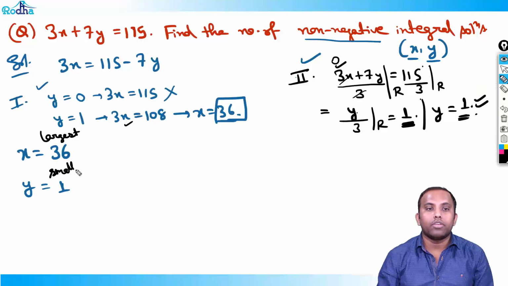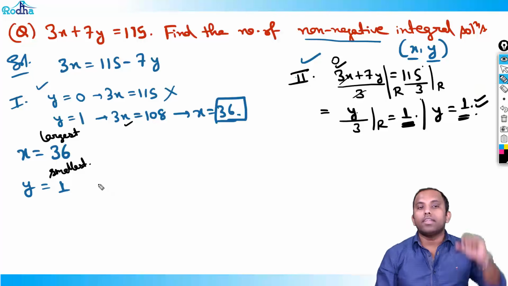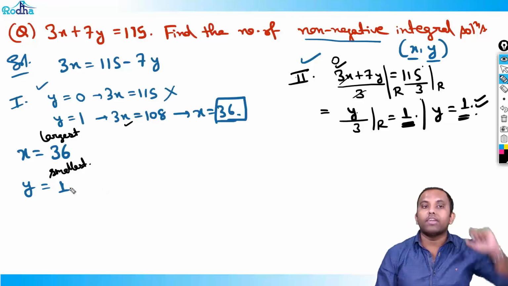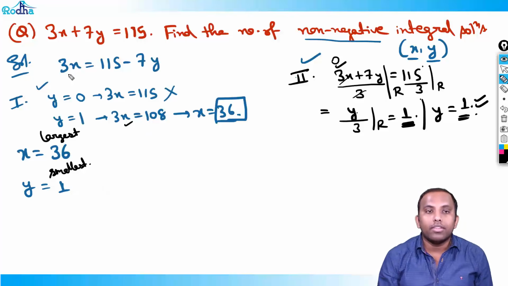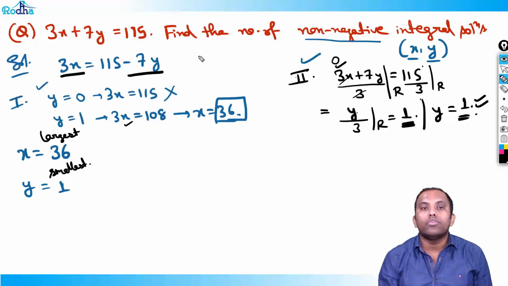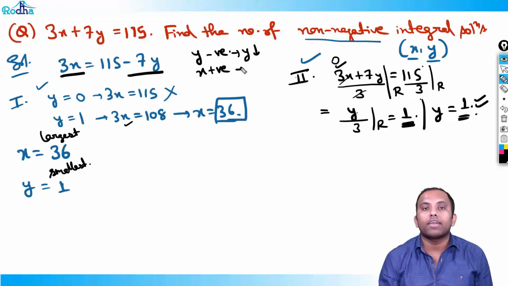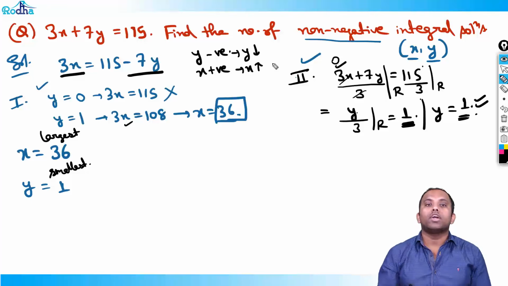Why is it that for x largest we are getting y smallest? Because in this question, x is on the left hand side and y is on the right hand side, the coefficient of y is negative and the coefficient of x is positive. If we decrease y, x will increase because x and y are of opposite sign.